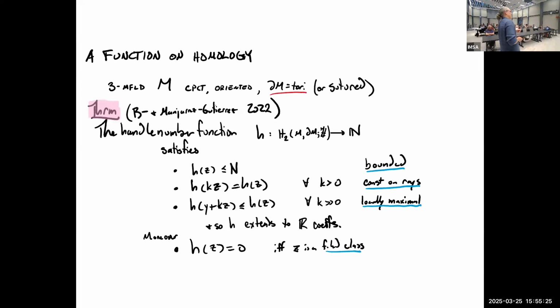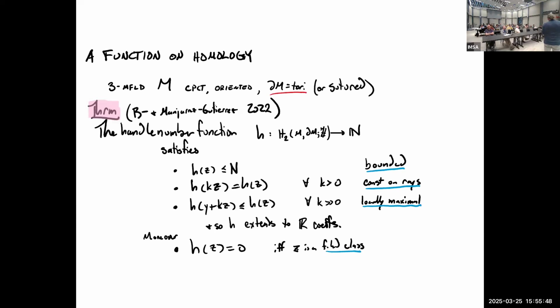Then it comes back to how you represent multiples of homology classes, and we can always represent one by a given surface and a number of parallel copies.